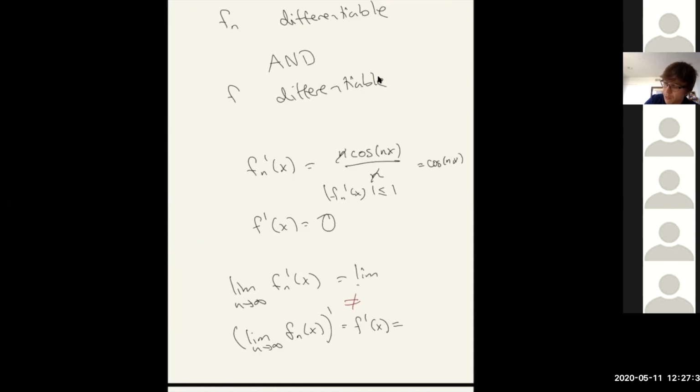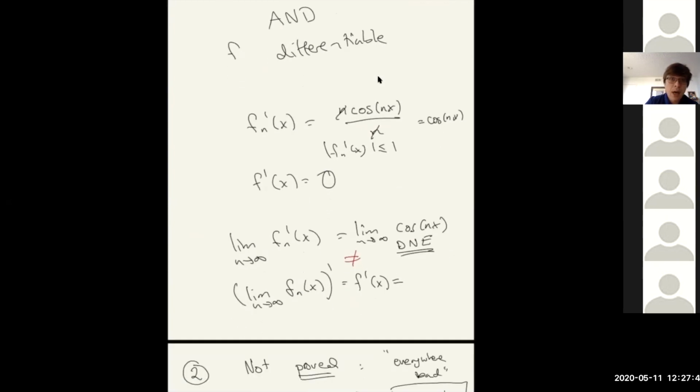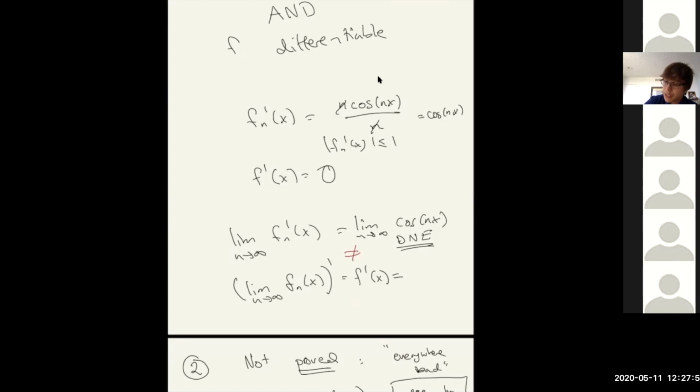Namely, if you take the limit of the derivatives, you get the limit of cosine nx, which does not exist because it oscillates. You can't make it converge, at least for most points. At some points it does converge. And if you take the derivative of the limit, you get 0. So somehow the phenomenon here is that the oscillations are disappearing.